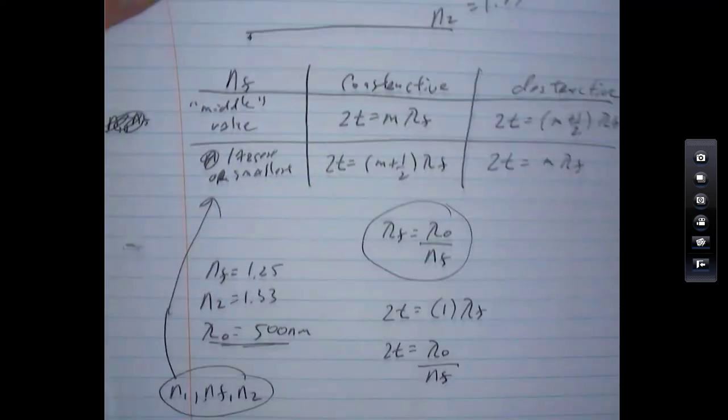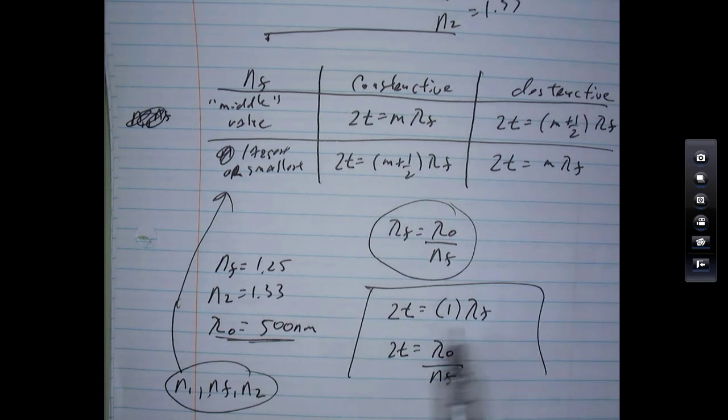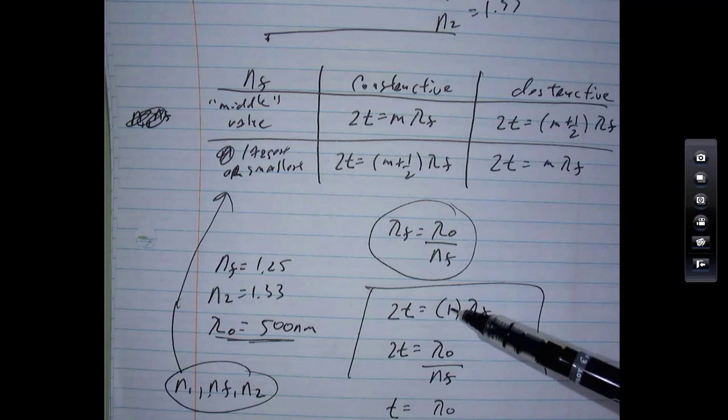So 2t, minimum thickness, m equal to 1, wavelength in the film. But the wavelength in the film is the wavelength outside divided by the index of refraction. So then t turns out to be this wavelength over 2 times the index of refraction of the film. Okay, so minimum thickness, m equal to 1.